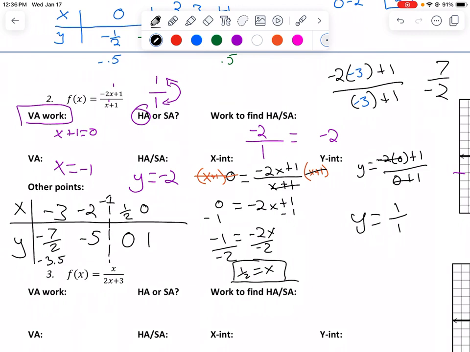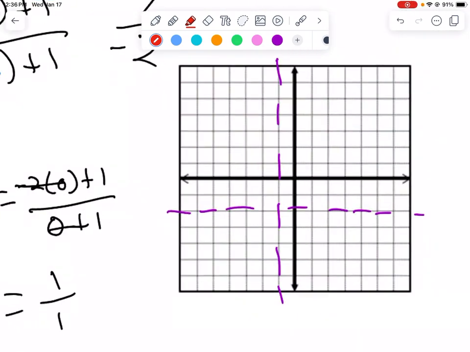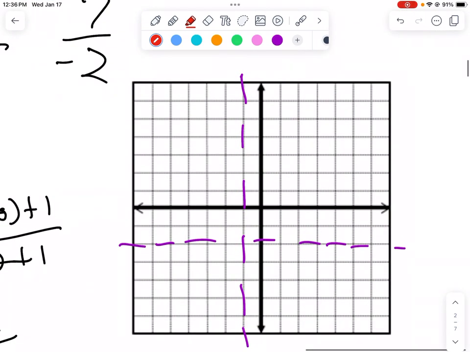So if I put these points on the graph, let me use a highlighter here, negative 3 and negative 3.5. So if I go negative 3, negative 3.5, that's way too big. Let me fix that.